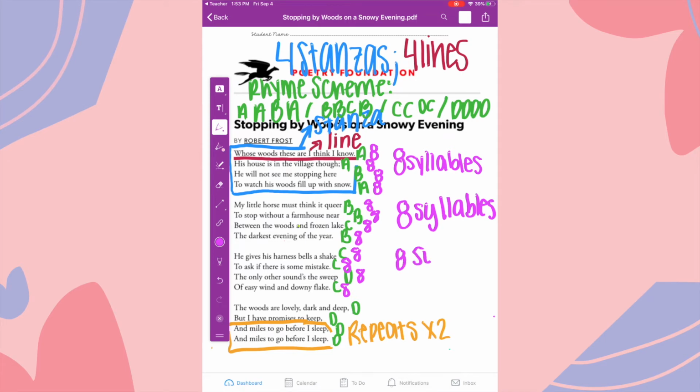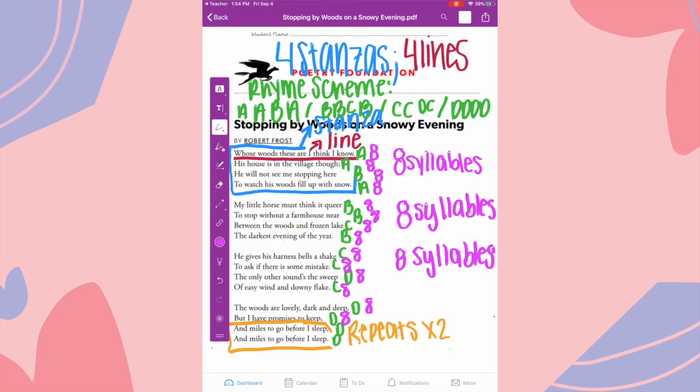So stanza 3 also has 8 syllables. Again, you're like, maybe they're all 8. It's possible, but we have to check because there might be a special line somewhere in here. Stanza 4, line 1. "The woods are lovely, dark and deep." 8. "But I have promises to keep."